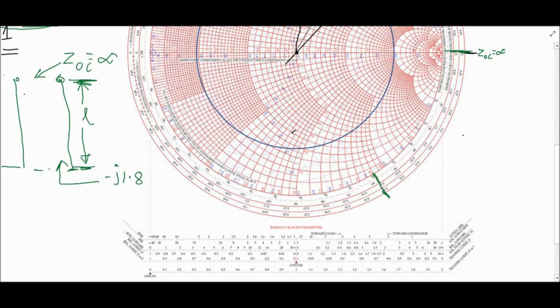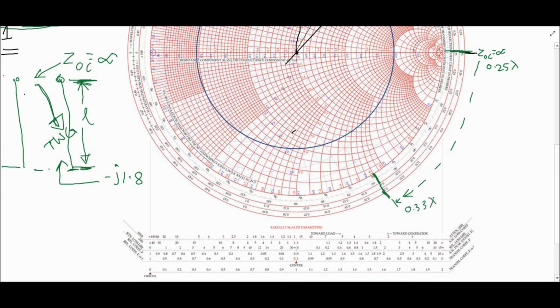So now this is my infinity point, and we are moving from infinity toward the generator. So now we are moving from here toward the generator, that means in the clockwise direction, up to this point. So this point has 0.25 lambda, and this is 0.33 lambda.